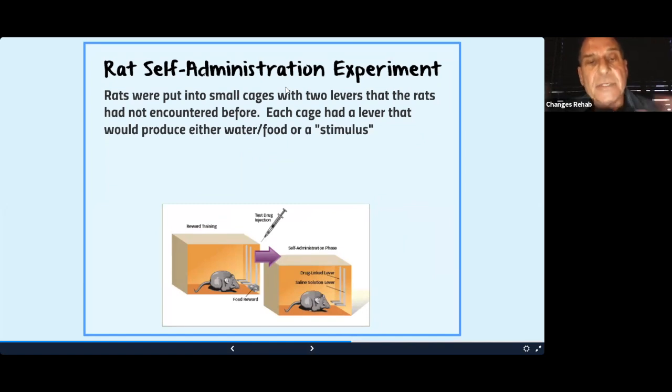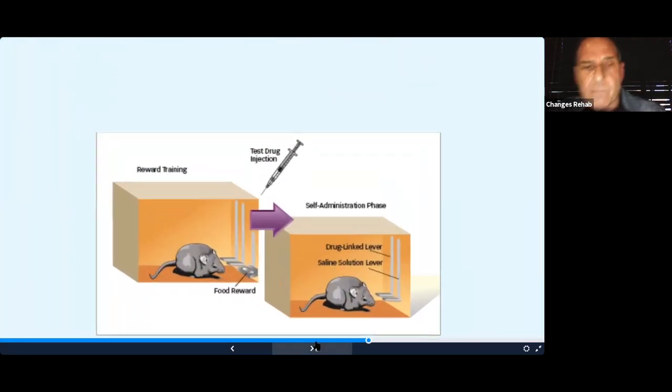With the distraction of the healthy stuff, they didn't go to the water. They didn't go for the cocaine. So it's important to see that in a healthy situation, even the rats won't go to the drugs at any level.